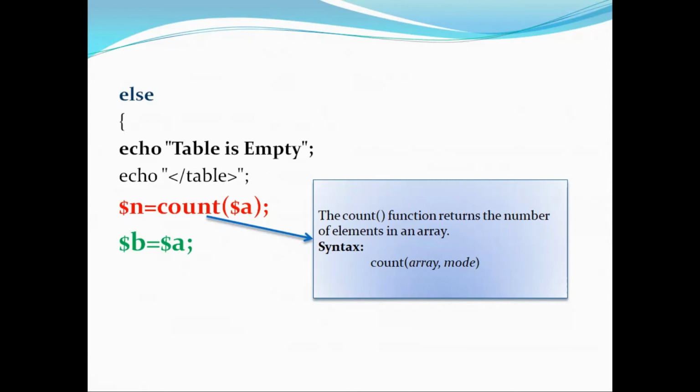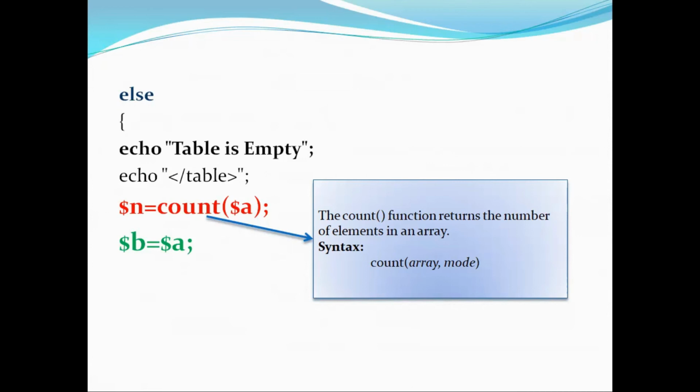Here, count is a function which returns the number of elements in an array, and the syntax is count(array, mode). Here, the array indicates the name of the array itself. What do you mean by mode? It is optional and specifies the mode.